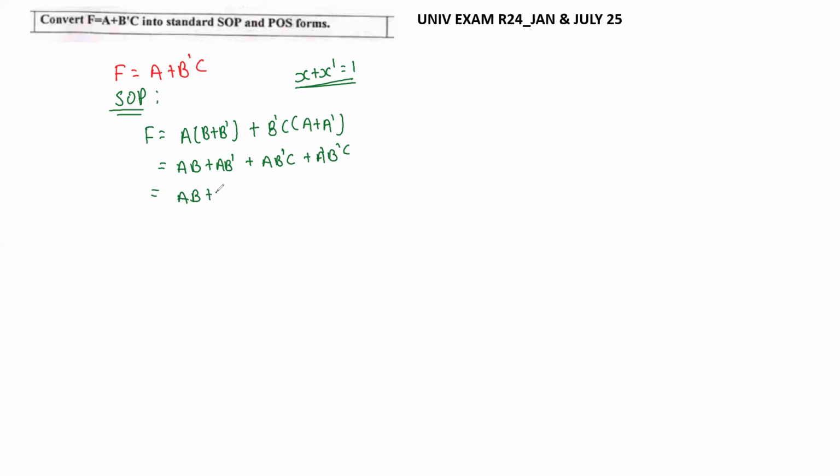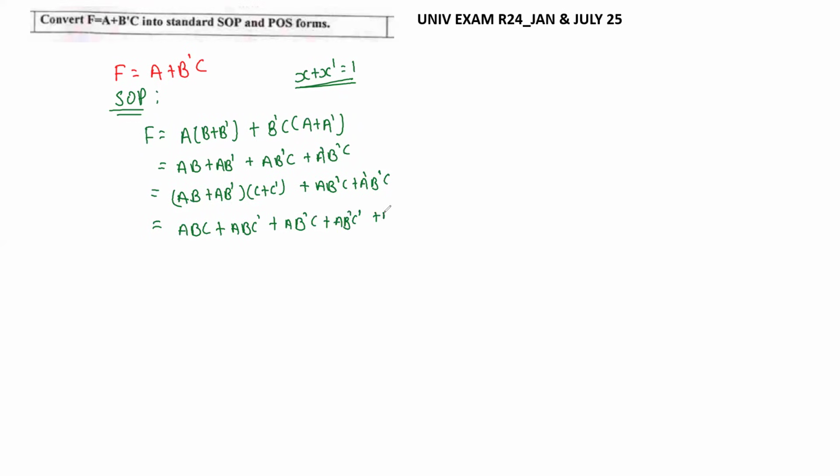So we have AB dash, which will be multiplied by C plus C dash. C plus C dash is what? 1. So that's why we can multiply. So finally, now here we'll get ABC plus ABC dash plus AB dash C plus AB dash C dash.